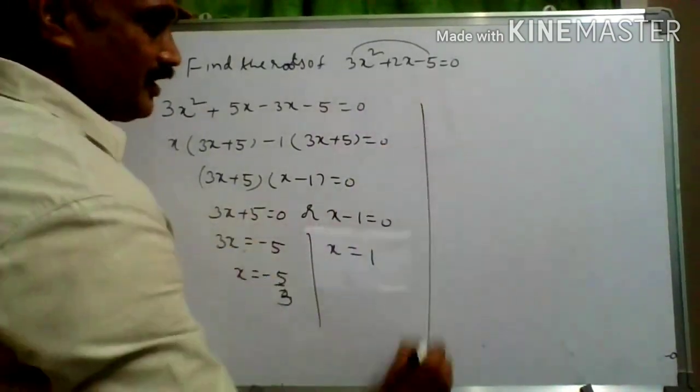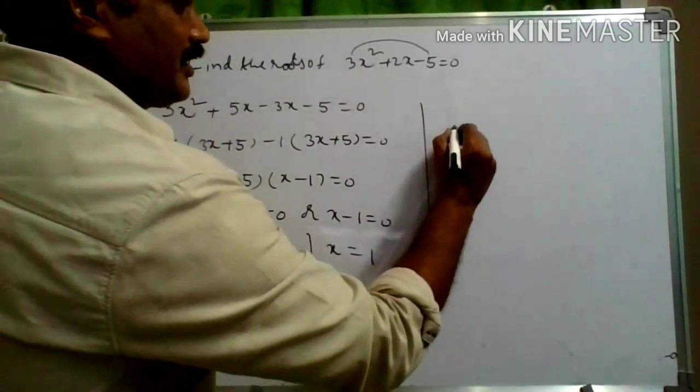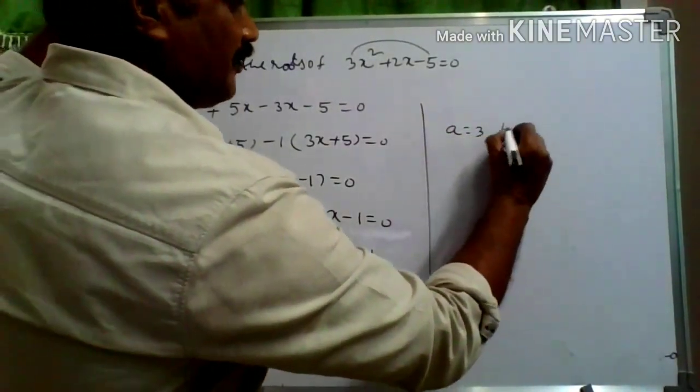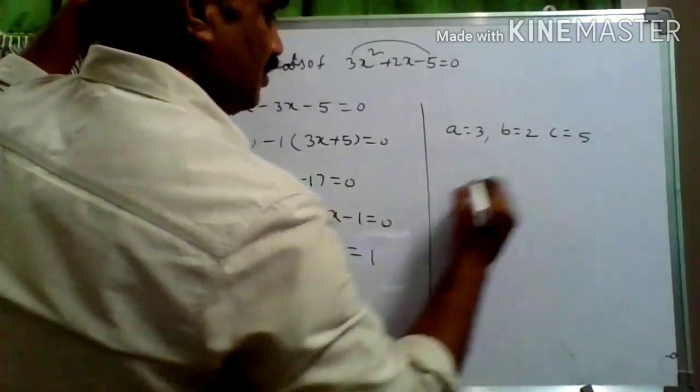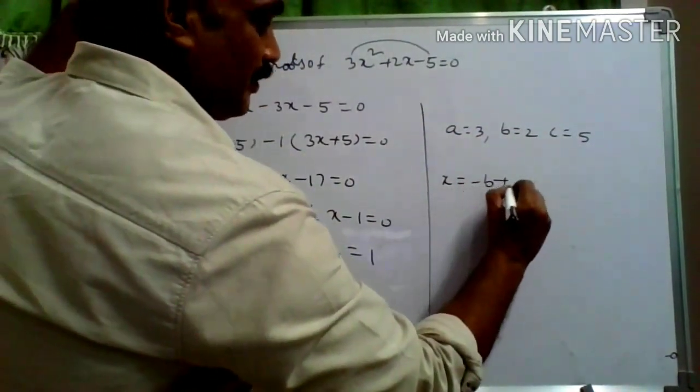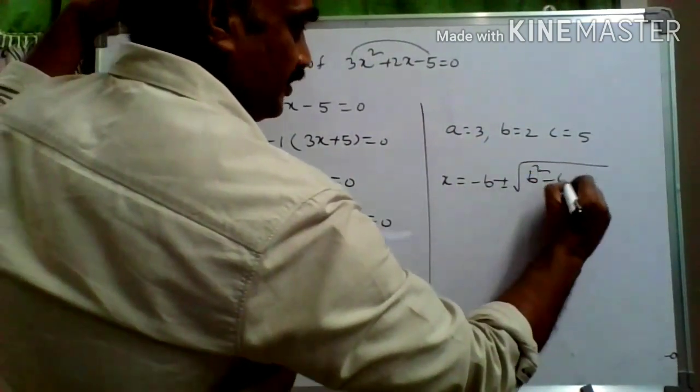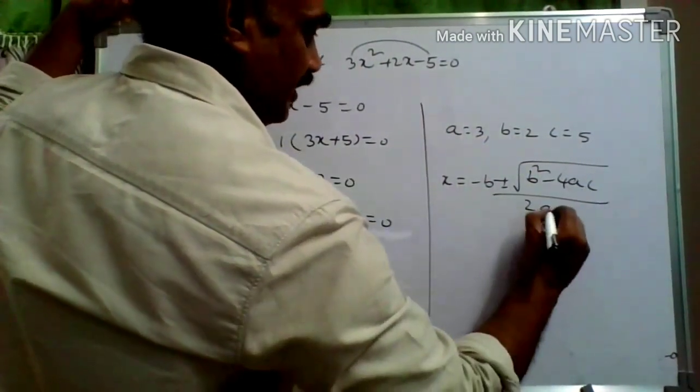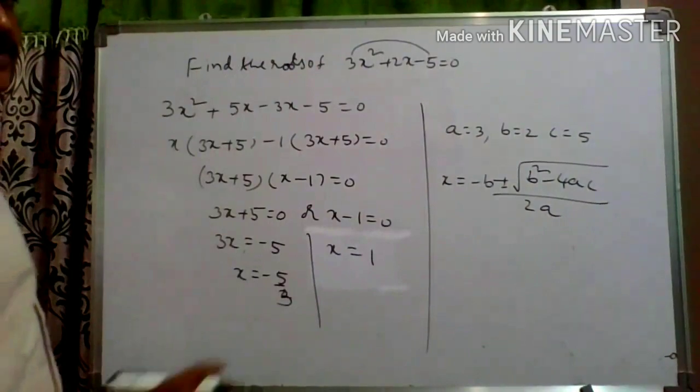Or by the alternative method, this is ax square plus bx plus c: a value is 3, b value is 2, c value is minus 5. Roots are equal to minus b plus or minus root of b square minus 4ac by 2a. Friends, this is the formula for any quadratic equation.